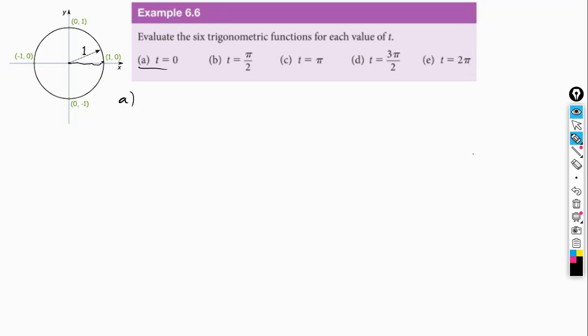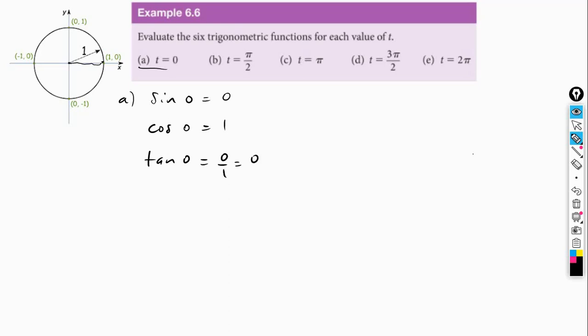We said that in the unit circle, sine is just going to be the y coordinate. So what's the y coordinate here? Well, 0, right? So sine of 0 is 0. Then cosine of 0 is going to be 1.